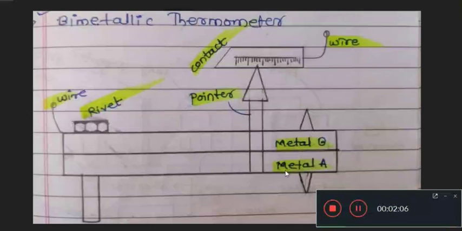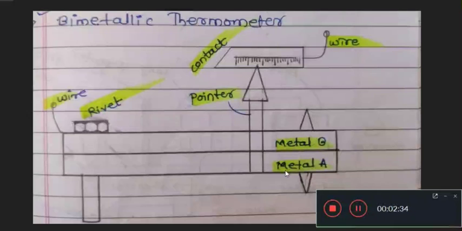This thermometer not only measures the temperature but also controls the temperature. Two different metals A and B of different coefficients of thermal expansion are bonded together, making a simple controller which withstands high temperature. The metal A expands faster than the metal B, causing the strip to bend upwards, and the device can be used as a thermometer.